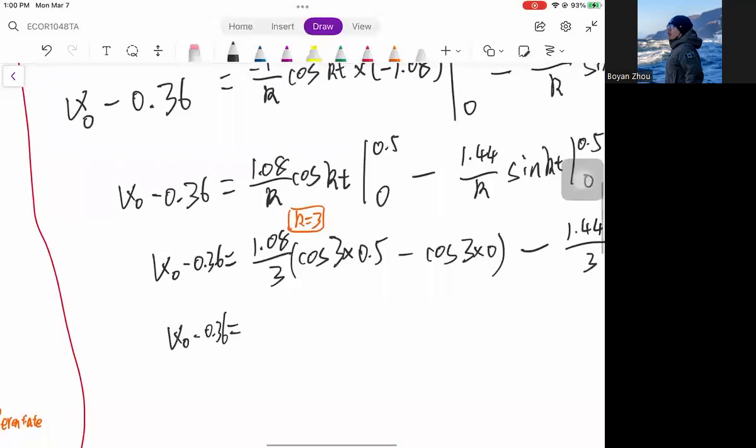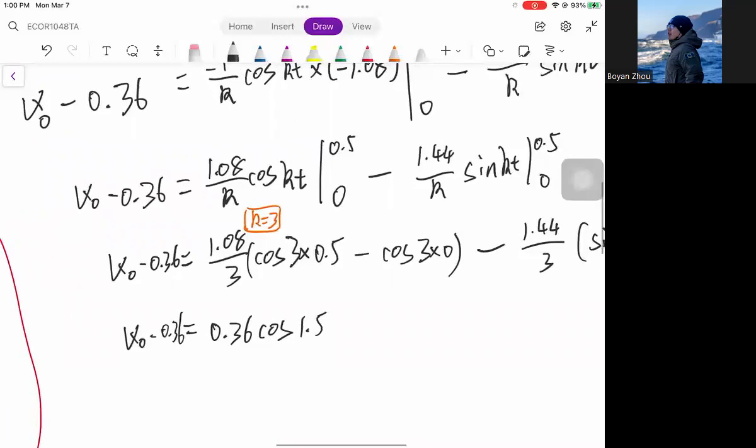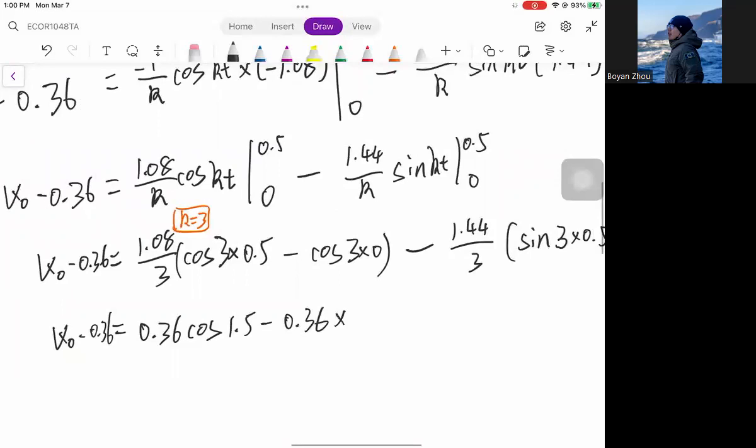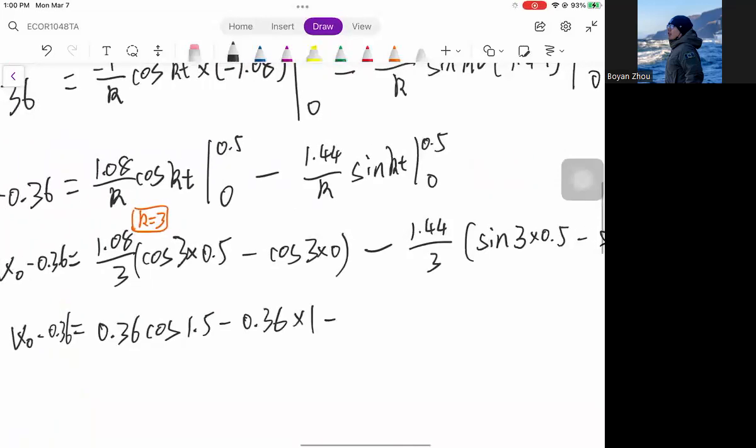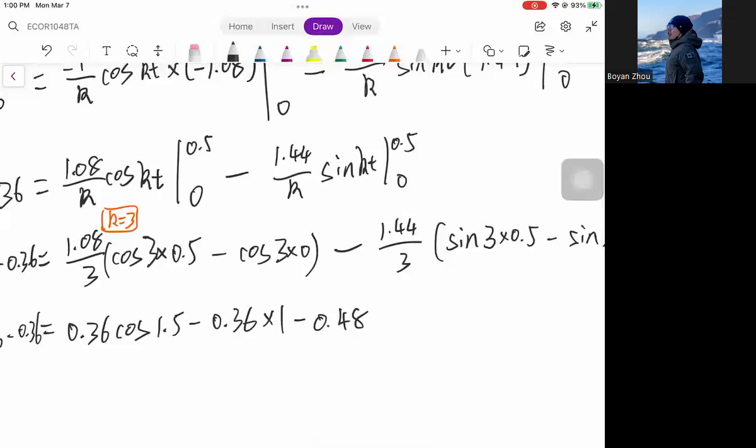So what we are going to have is 0.36 cosine 1.5 minus 0.36 times 1, and minus 0.48, which is 1.44 over 3, times sine 1.5.